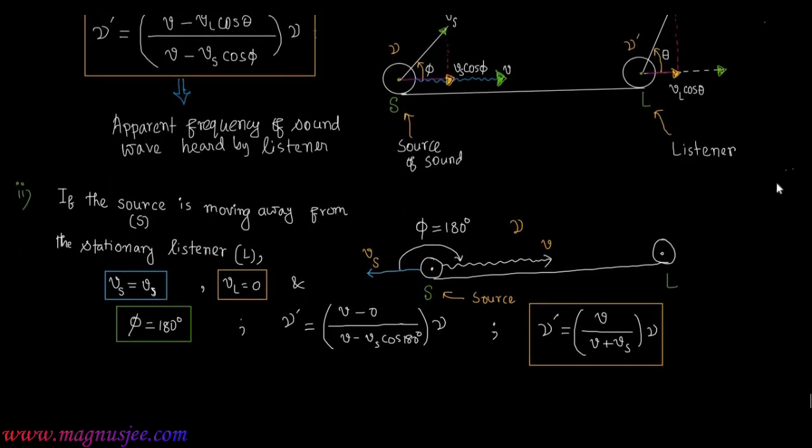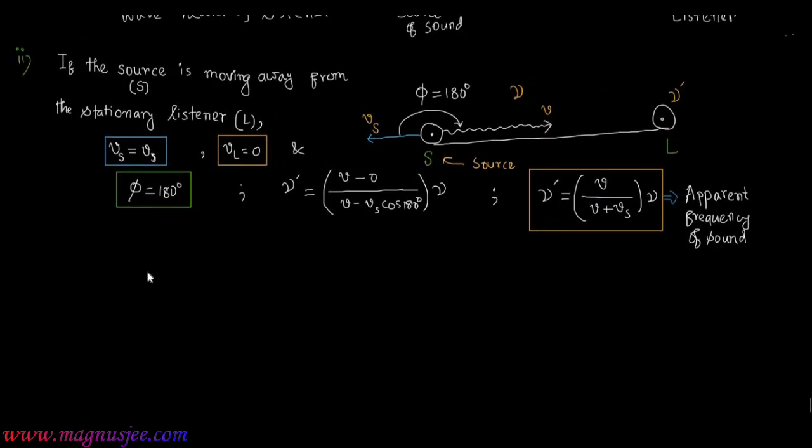Finally we get the expression of apparent frequency nu prime equal to v divided by (v plus Vs) into nu. Nu prime is the apparent frequency of sound heard by the stationary listener.